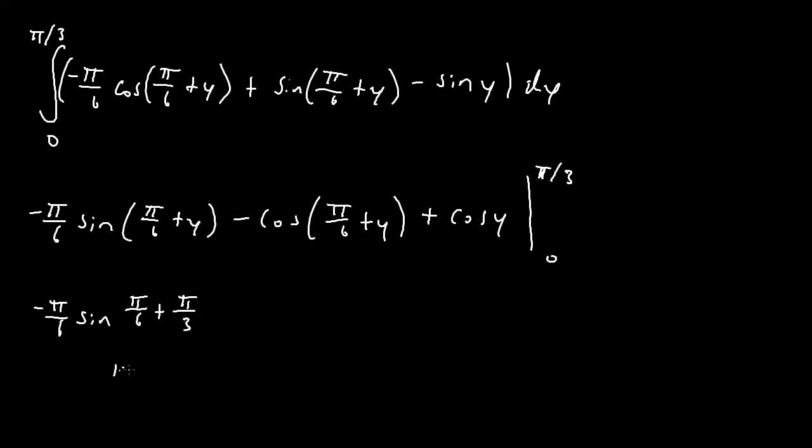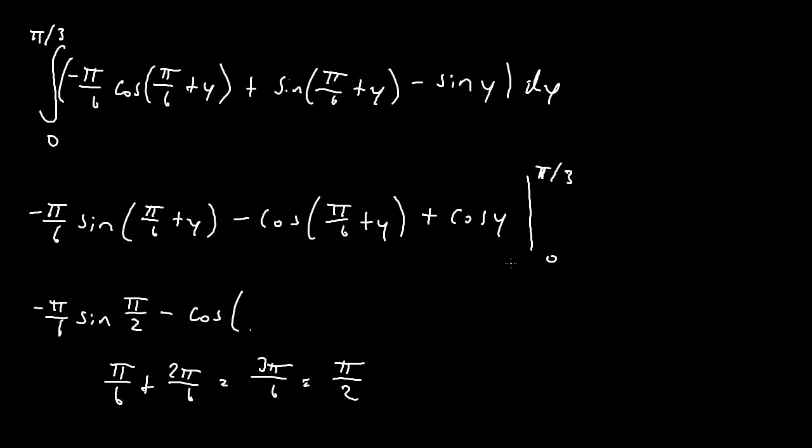Now pi over 6 plus pi over 3, I can rewrite pi over 3 as 2 pi over 6. So then 2 pi plus pi is 3 pi over 6, which can be simplified to pi over 2. So I will rewrite sine of pi over 6 plus pi over 3 as sine of pi over 2, minus cosine of pi over 6 plus pi over 3, once again is simply pi over 2.